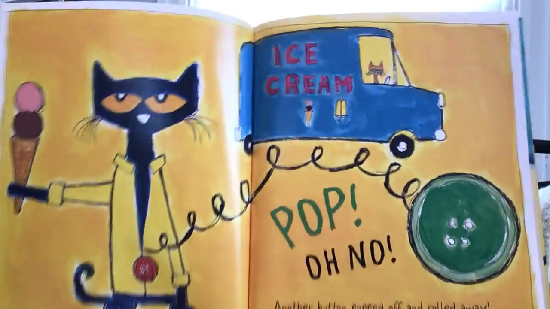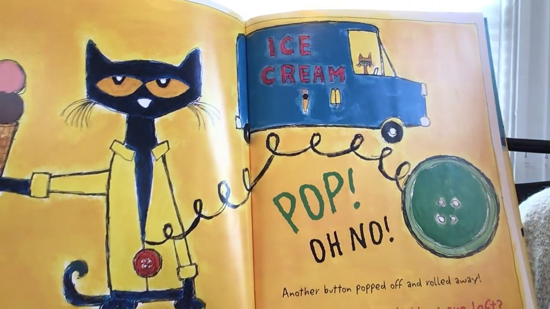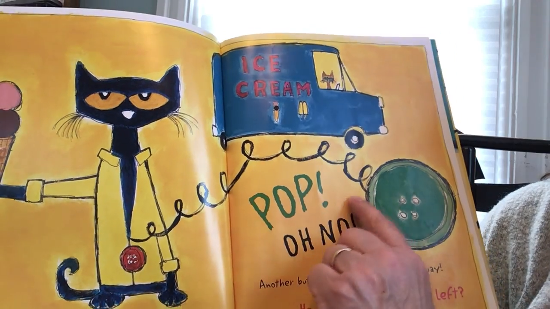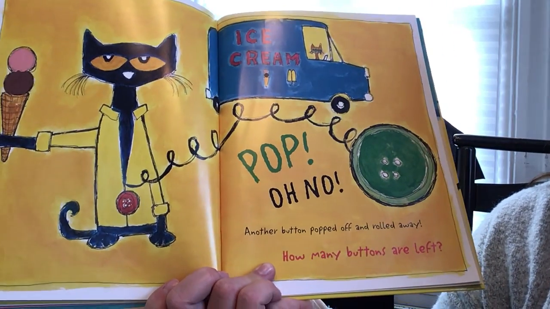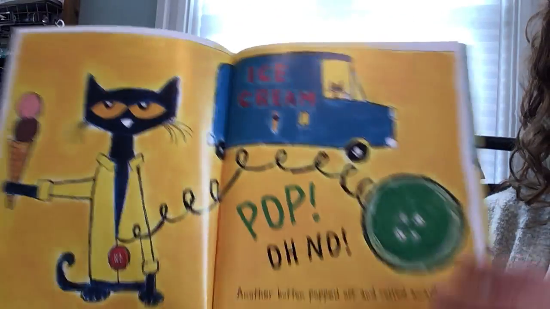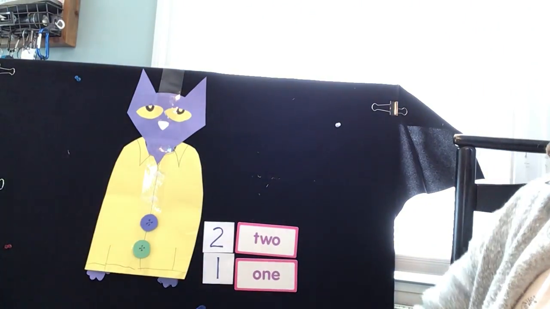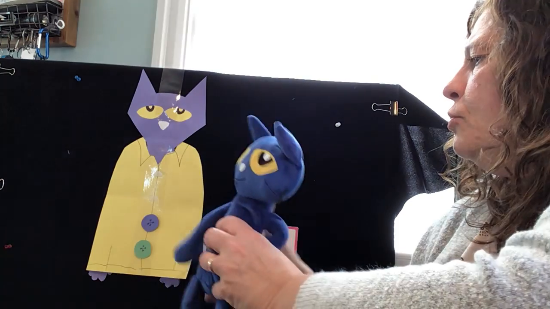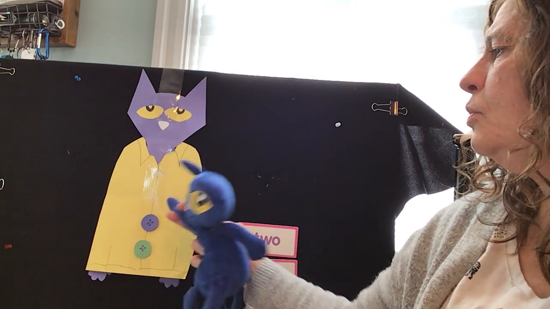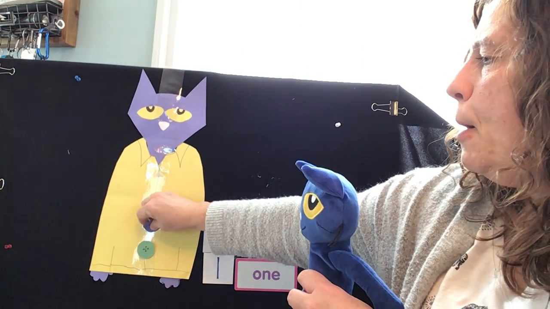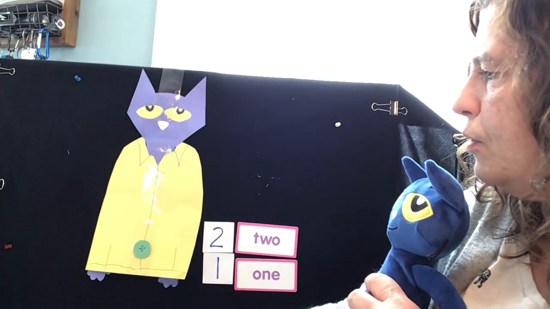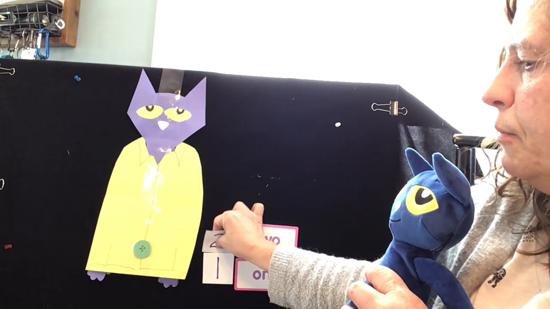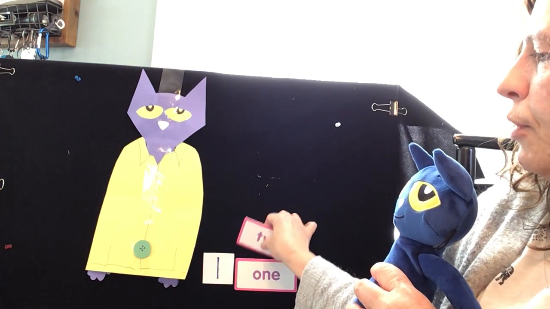Oh no! What happened? Look, pop! Oh, another button popped off and rolled away. Oh, let's see what happens here. There's 2 buttons. 1, 2. One has to pop off. Pop! Boing! Oh boy, there it goes. Oh, take the number 2 and the word 2.